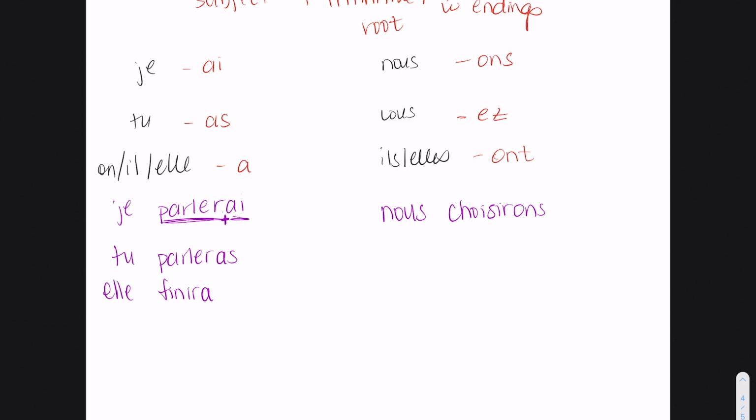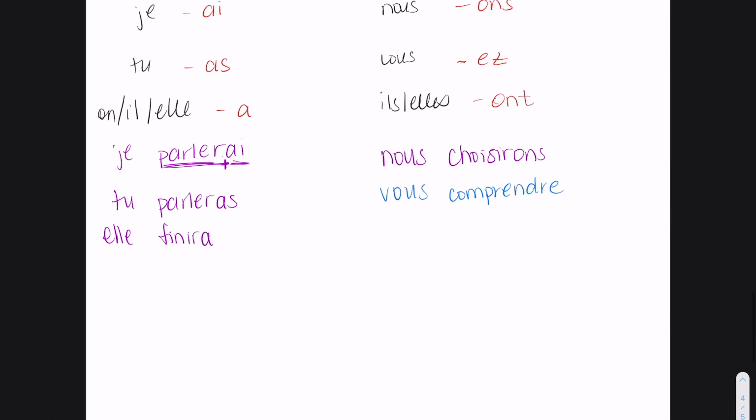So then let's move to the RE verbs. Remember, for RE verbs, you actually have to take off the E and then add the endings. So let's take a look at vous for that. I'm going to put this in a different color so that you can see the separation. So vous, let's look at the word comprendre. Okay. So comprendre, write out the full verb, to understand.